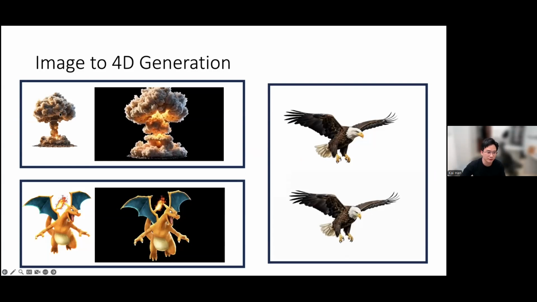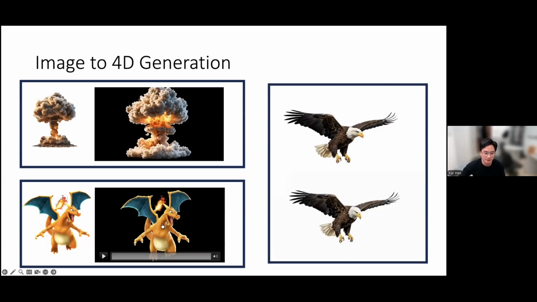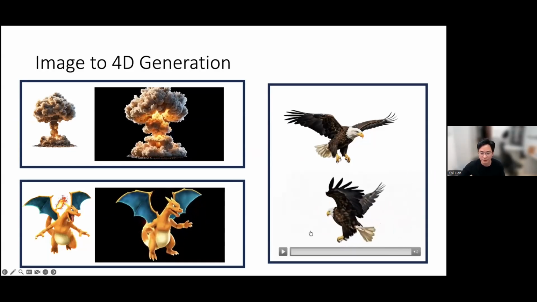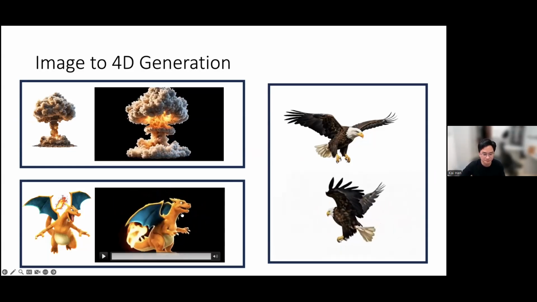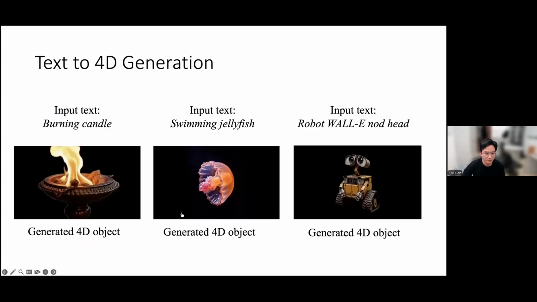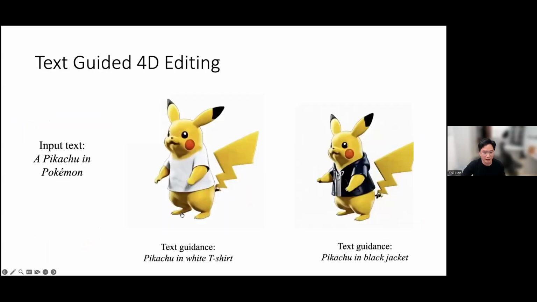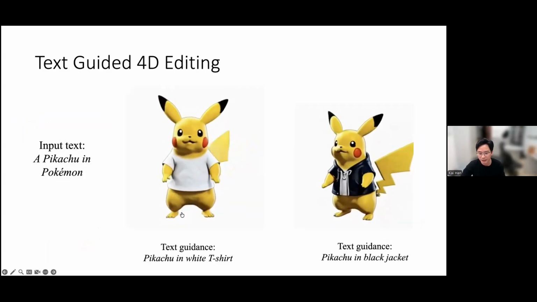So these are our results. So image input, and this is a 4D generation result. And here are some text to 4D generation results. And editing results: Pikachu in white t-shirt, in black jacket.